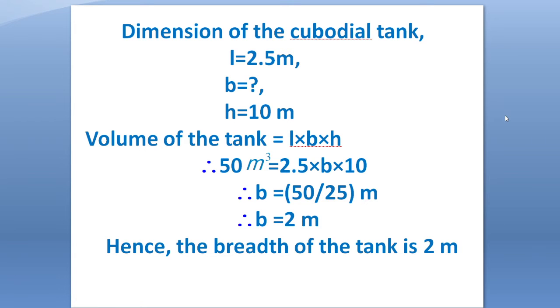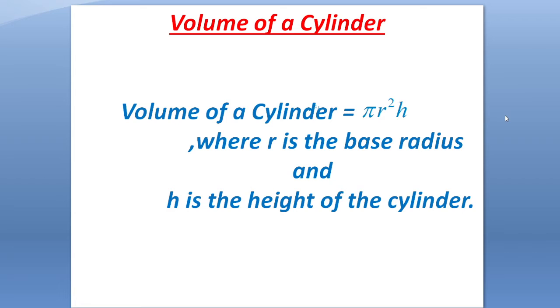Now, volume of cylinder. Volume of cylinder is equal to pi r square h, where r is the base radius and h is the height of the cylinder.